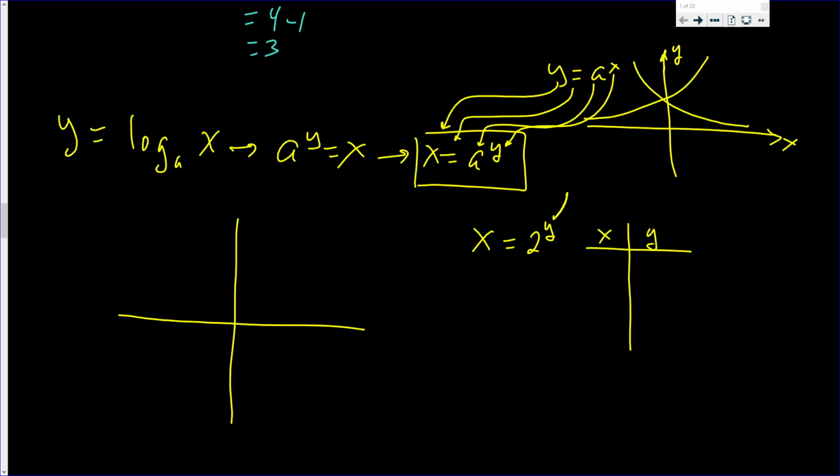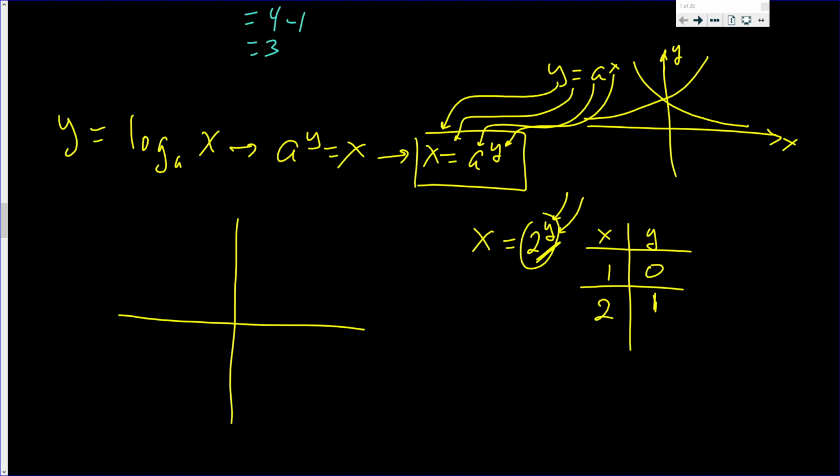Find out when the power is 0. Oh, that's when y is 0. Find out when the power is 1. Oh, that's when y is 1. Well, what's x? When y is 0, 2 to the 0 is 1. And when y is 1, 2 to the 1, which is 2, that's x.